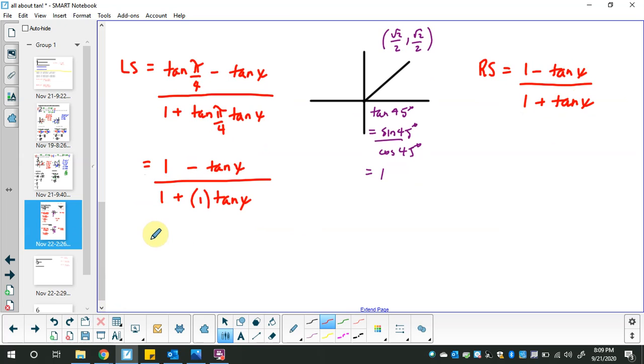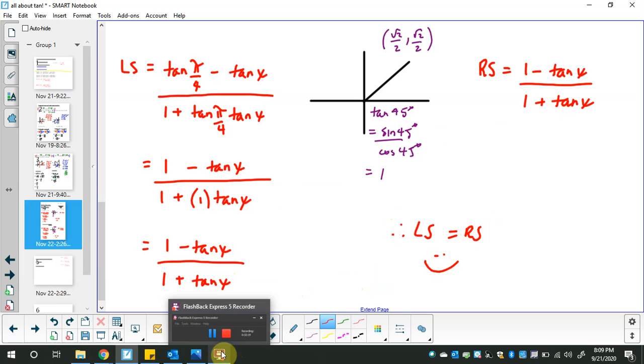The top is identical, so that's pretty exciting. You do not do 1 plus 1 is 2. You do multiplying first, so 1 plus the result of this is tan x. No coincidence that they are now exactly the same. Left side equals right side. Happy face. So a little bit of a break, and I'll check out the rest of this note.